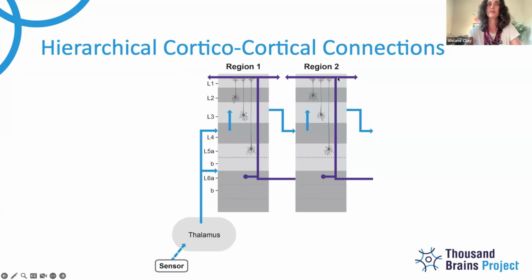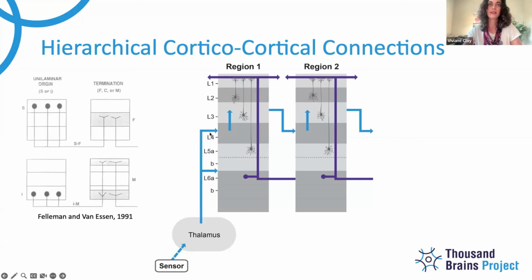When I say region here, this could be, for example, V1 and V2 in the visual cortex. So the figure shows an illustration of one cortical column in a lower region like V1 and one cortical column in a higher region like V2. Then there are several layers that send their branches up to layer 1, where they could be integrating this feedback information.